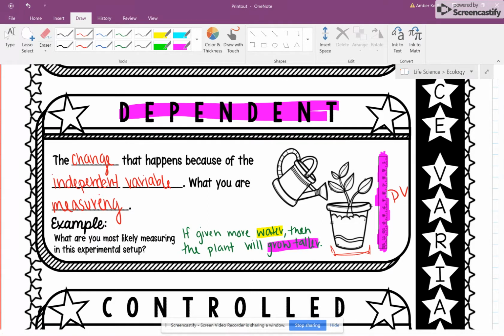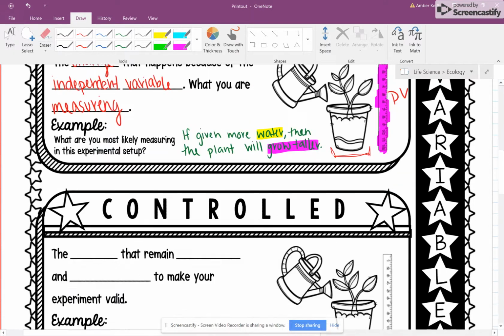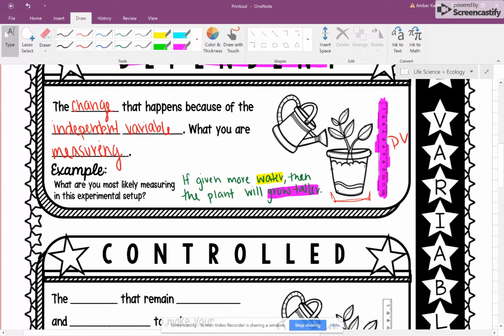And we would give 3 pots no water, 3 pots maybe a cup of water, 3 pots 5 cups of water, and then 20 cups of water for the last to see how the amount of water affects the plant's growth. Okay, so let me lasso this guy again. There we go. Drag this down.